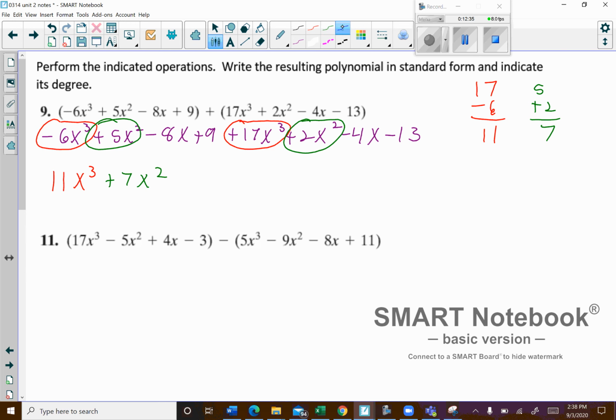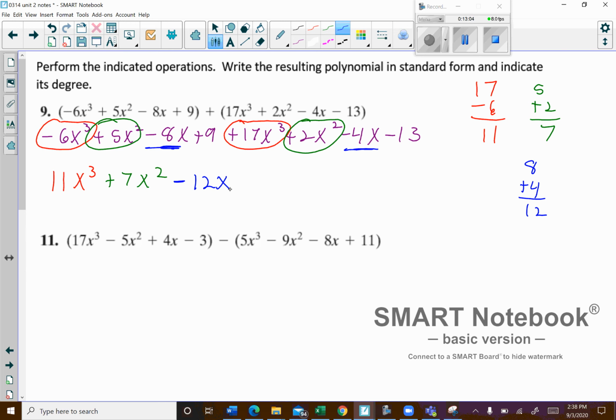Next will be my x's. I've got a minus 8x and a minus 4x. They're both minus, so they're both on the same team. So I'm going to add that together, which is 12. But it's going to be a minus 12x because we're being subtracted. So I add them together, but then keep the minus sign. If you were multiplying, obviously that would be a different story.